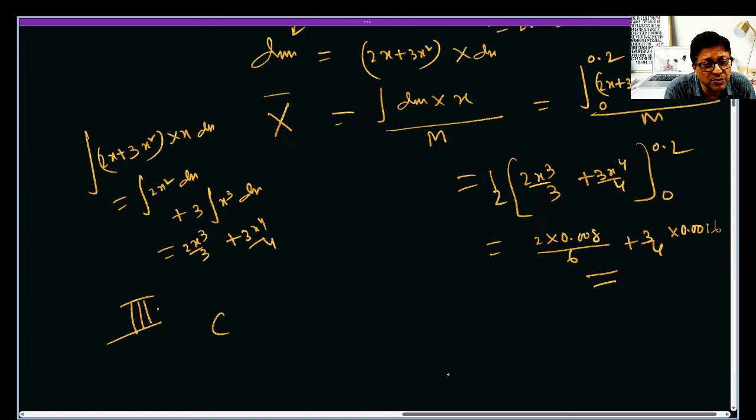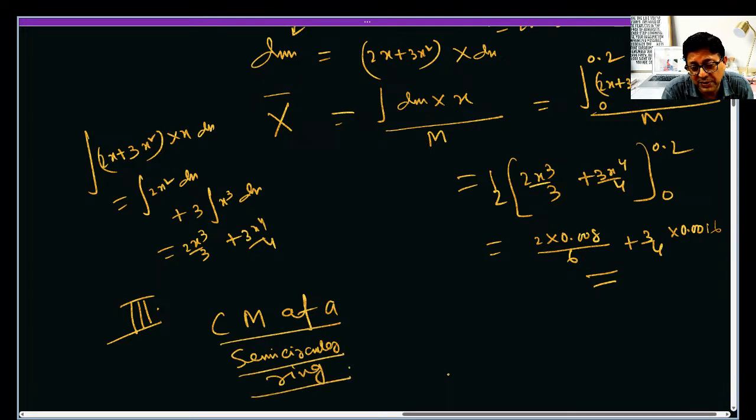How to find center of mass of a semicircular ring? Ring means that part only there, no? This portion is not there. We are just drawing to get the idea of the ring. This is the ring. Its mass is given, radius is given. You have to find its position of center of mass.